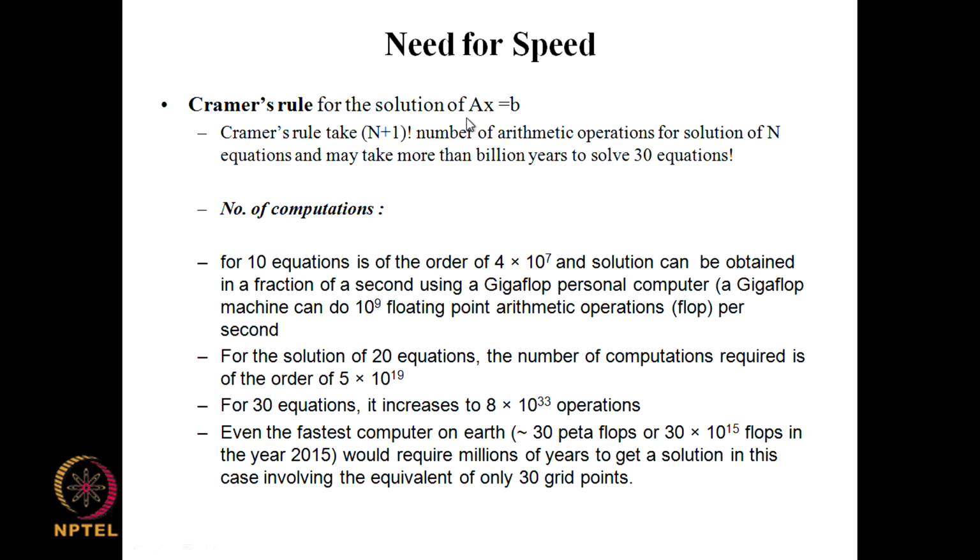You have this Ax equal to B type of system involving only 3 diagonals when you are discretizing, for example, d square T by dx square equal to a constant. If you do that using central differencing, then you get a tridiagonal matrix.